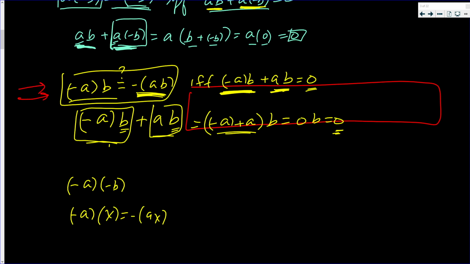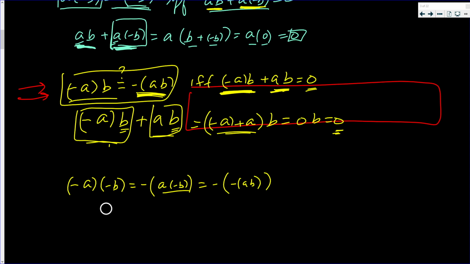But our x is negative b. So there's minus the negative. Now, a times negative b, we just proved that that's negative ab.